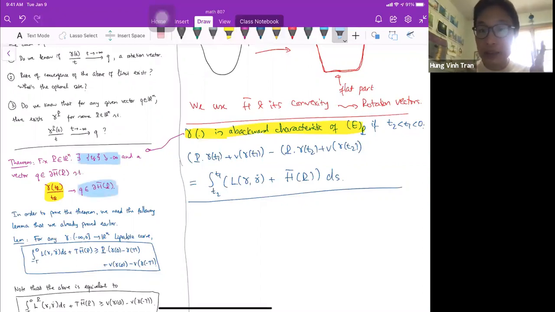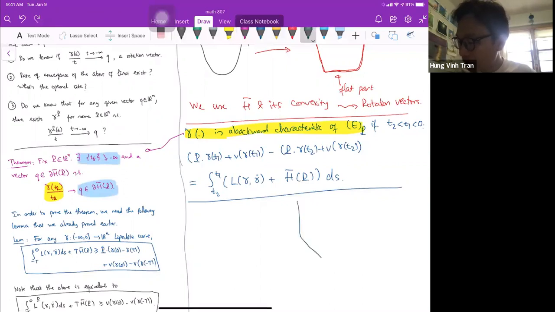Because again, our function is convex but need not be differentiable. So what we are saying is that maybe your effective Hamiltonian, h bar, could be like that. If you take this point capital P, then maybe this is Q that is in the subgradient of capital P, so that you have gamma t_k over t_k converges to Q, which is this rotation vector.